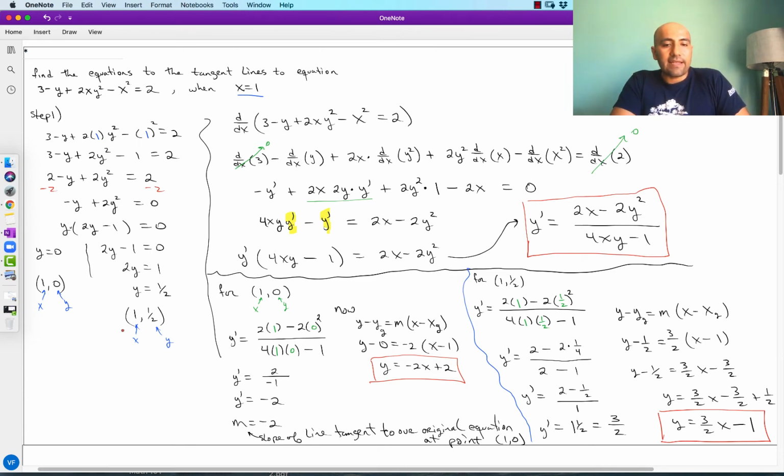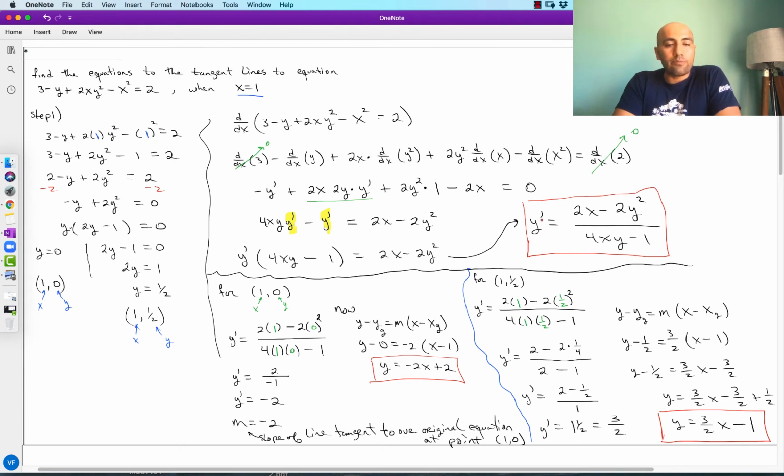Once we have that, next we have to find the derivative of our function, because we need to figure out the slope of the lines tangent at those points. So we start taking derivatives. We use implicit differentiation. So we worked it all out, and we found out that this is the equation of the derivative.